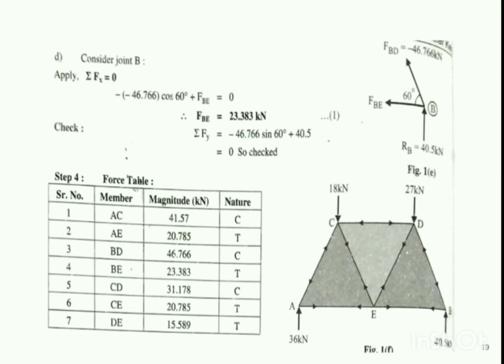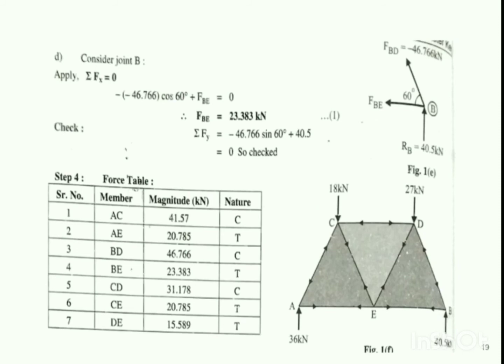That means whatever value we have calculated of FBE is correct, and FBD is also correct. It is not always required to perform such a check. If you have any doubt while analyzing the truss or the joint, you can carry out such a check, but it is not expected in the solution. So moving on to the last step, that is the force table.